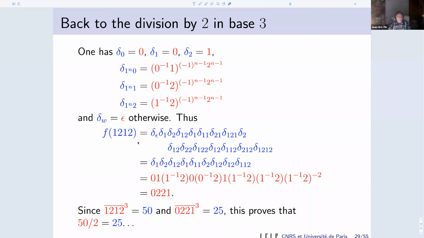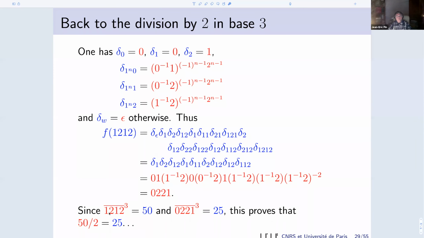But now you observe that some coefficients are 0. For instance, this one you can cancel because it doesn't start with a 1. Same way, you can erase this one, and so on. At the end you get just this. Now you replace using this formula, you get this, and you compute this in the free group, and you get just 0, 2, 2, 1.